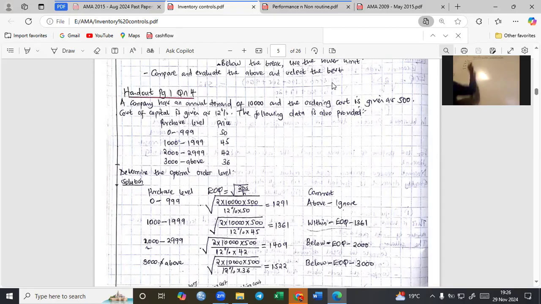Our C, which is our purchase price, is 50, 45, 42, 36.